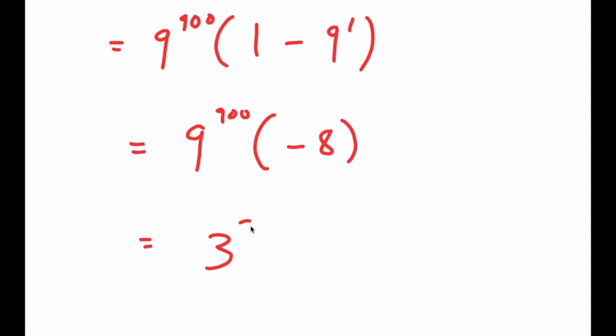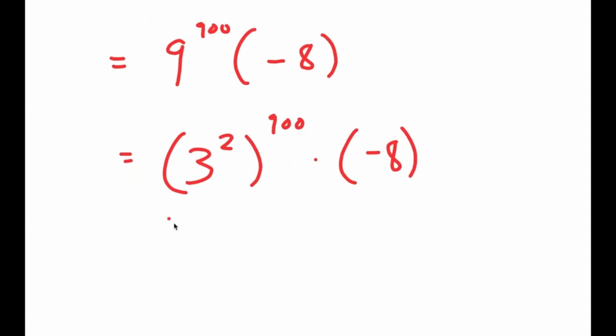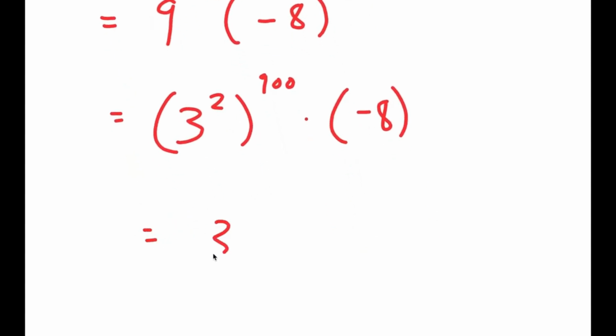Now this turns to (3 squared) to the power of 900 times negative 8. And negative 8 I can rewrite as 2 to the power of 3, and I'm going to put the negative sign at the front.